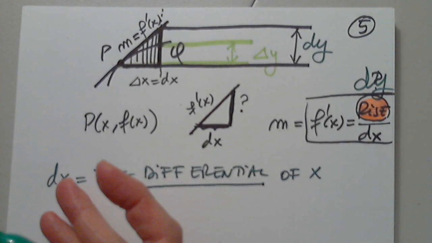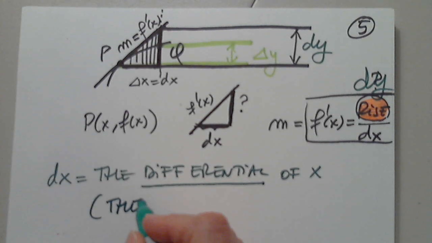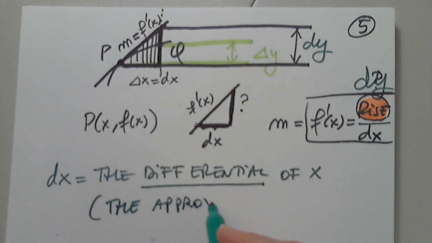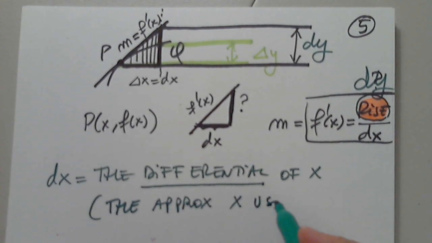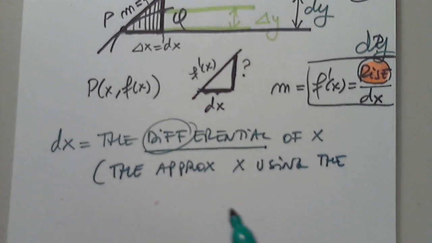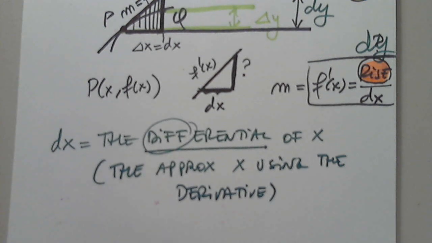It happens to be exactly equal to the exact change, but this is, we call it the approximate, although it's not. It's the same with delta x. The approximate change in x using the derivative. That's why the differential in front. And what is dy?